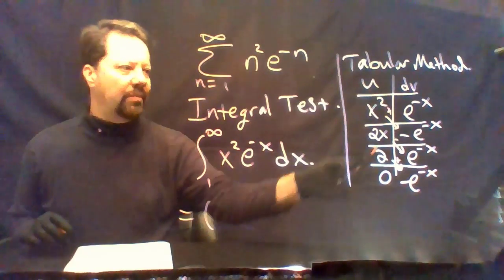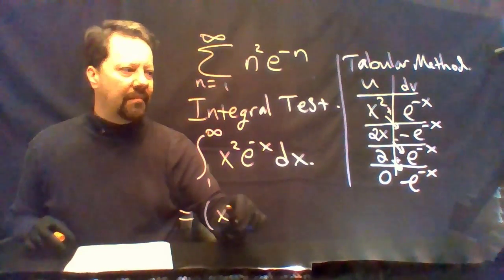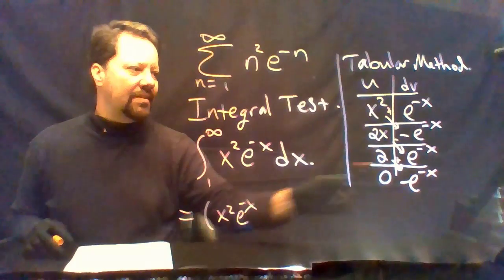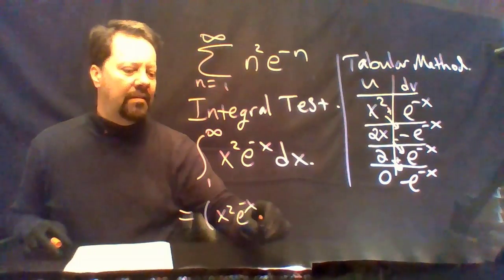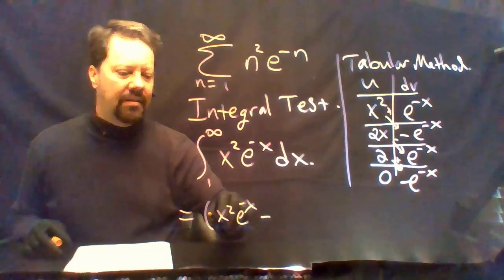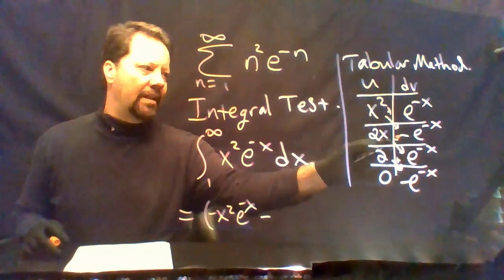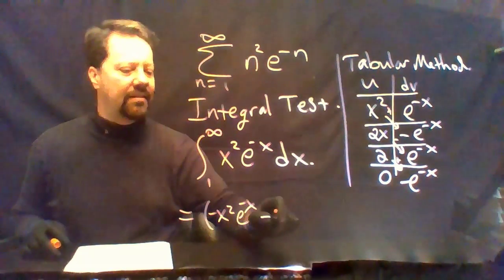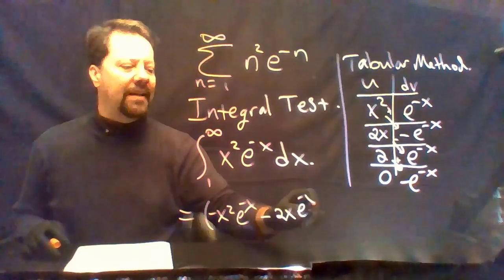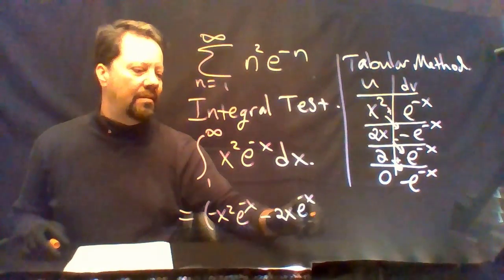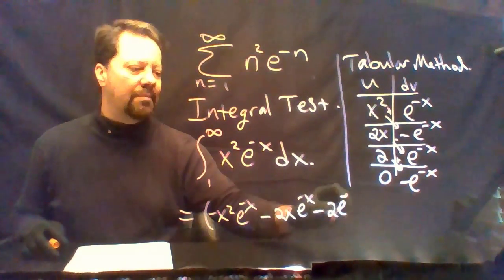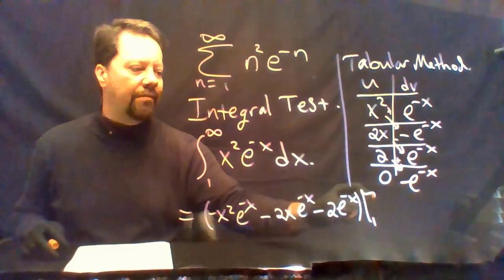And so we have negative x squared e to the minus x, and then minus 2x e to the minus x, and then negative 2 e to the minus x evaluated from 1 to infinity.